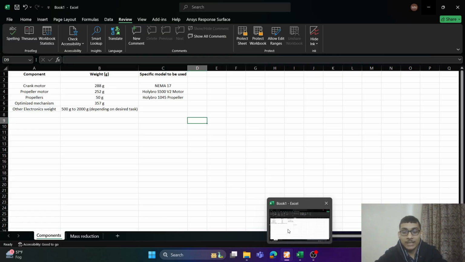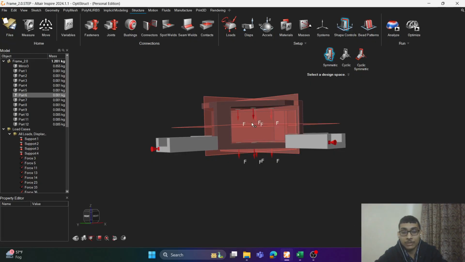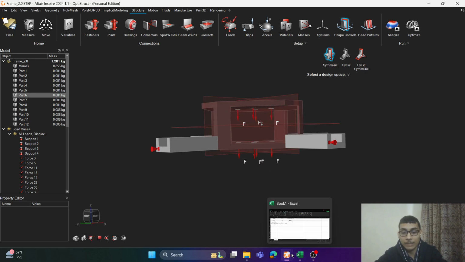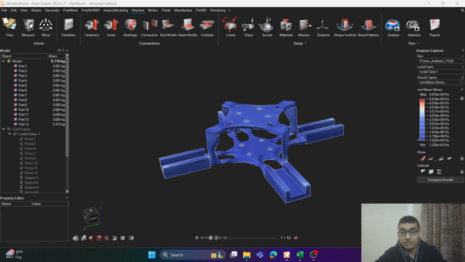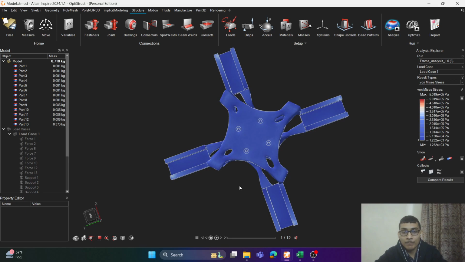I have applied these weighted loads by considering the components I will actually be using in my drone. So there is 20 Newton of force distributed among the 4 holes in the upper plate, and 10 Newton of force in the same way on the lower plate. And after doing their maximum stiffness optimization, I am getting this type of structure.